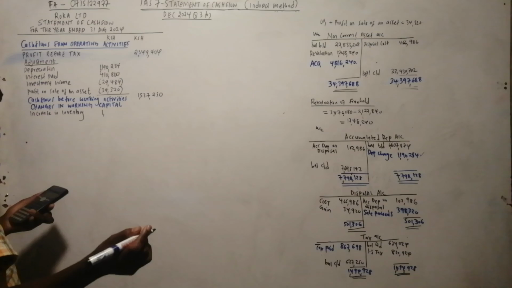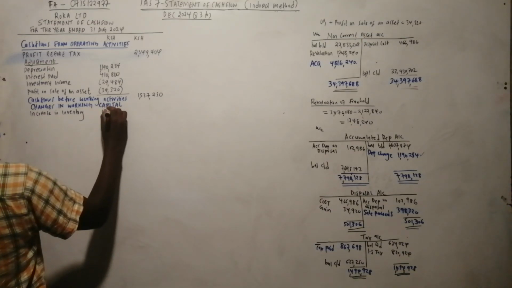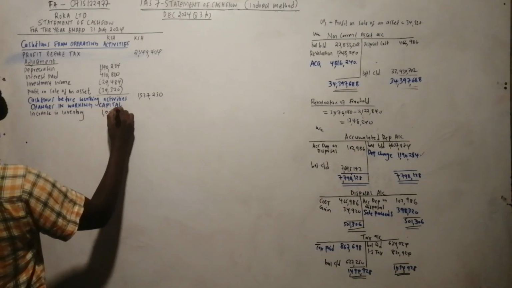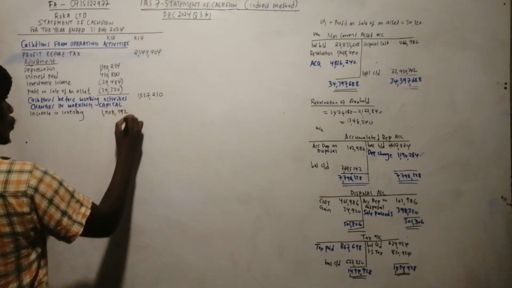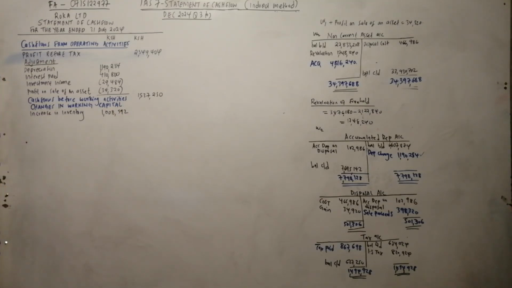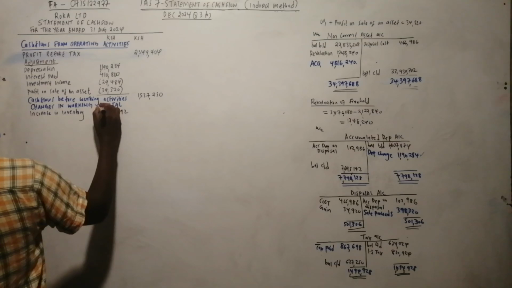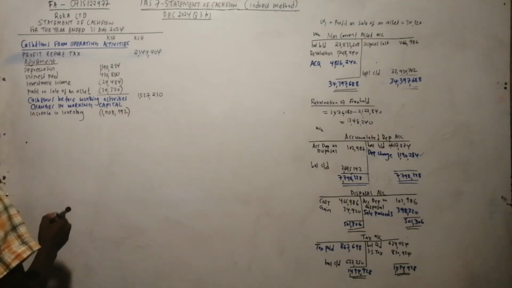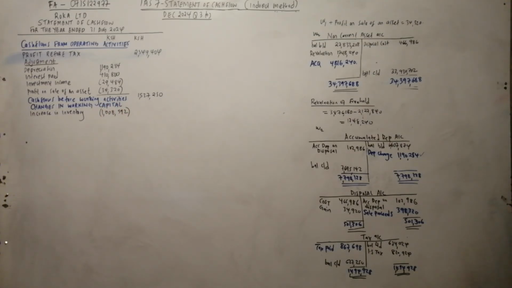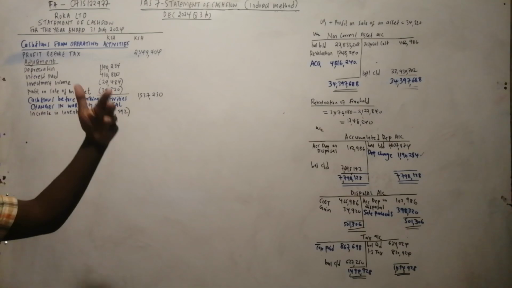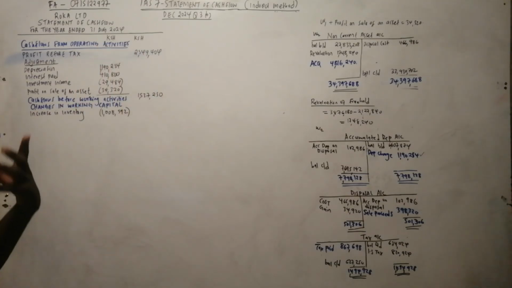An increase we are supposed to add 008592. Sorry, an increase we are supposed to less. So when you have an increase in inventory, we are supposed to less. Why? When our inventory increases, it means we purchased more inventory, and therefore we pay.